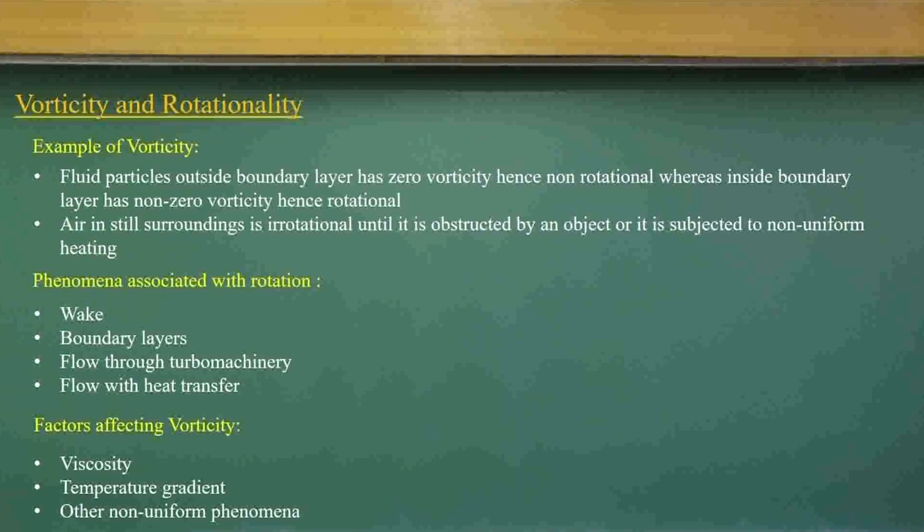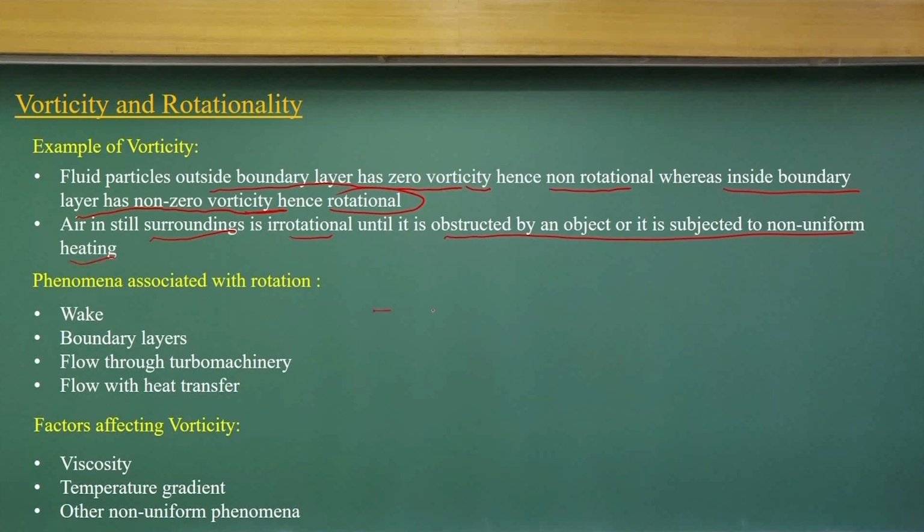As I said, these are very good examples: when the fluid particles are outside the boundary layer, we have a zero-vorticity, non-rotational zone, but inside the boundary layers it will be non-zero vorticity. Air is still surrounding it, but it is obstructed by an object. Wherever there are no obstructions, the airflow will be irrotational.